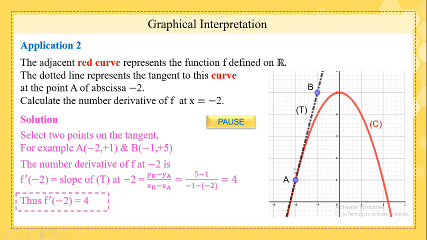I will repeat. We say that f prime at x equal minus 2 equals the slope of this tangent, and we can calculate it by doing (yb minus ya) over (xb minus xa).